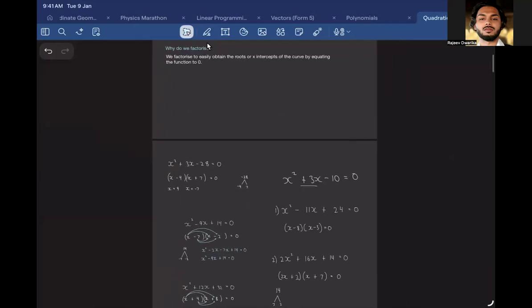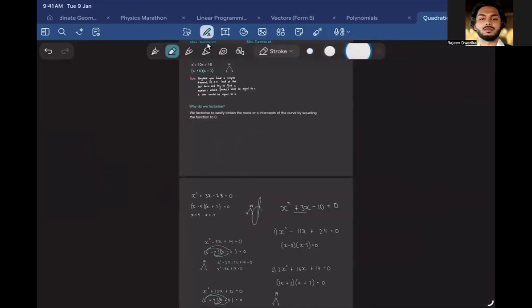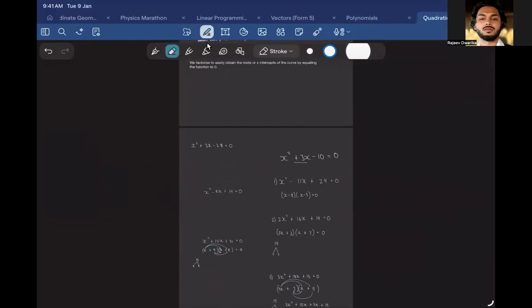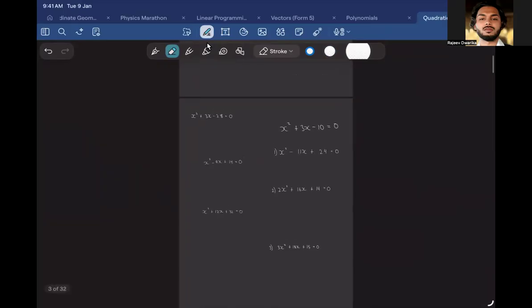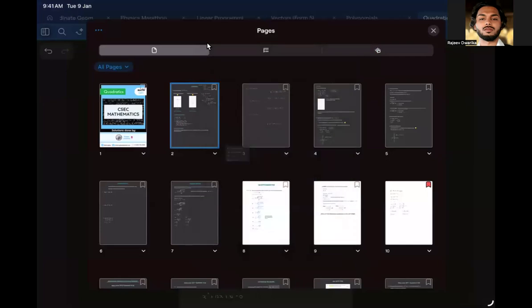So I have a bunch of examples over here. Now, before I move on, I just want to show you all how to do the AC method again, because you need to know how to do the AC method.